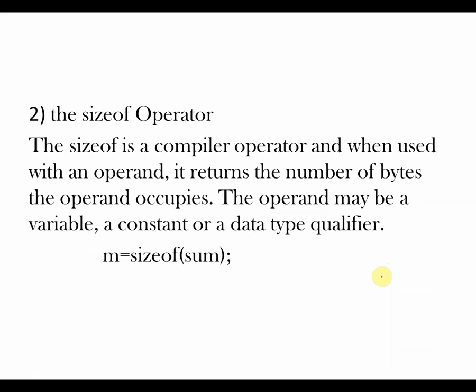So in the computer memory, whatever that particular operand takes, those many bytes you want to know, that's when you use this sizeof operator. An operand can be a variable, a constant, or any kind of data type for which you can know the size in memory. The size is normally returned in bytes. So it could be 2 bytes, 4 bytes, or 1 byte, depending on the type of operand whose size you are finding.